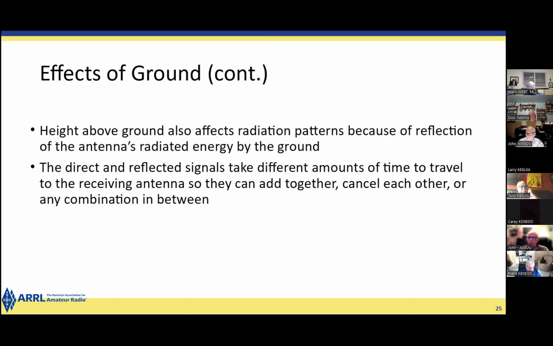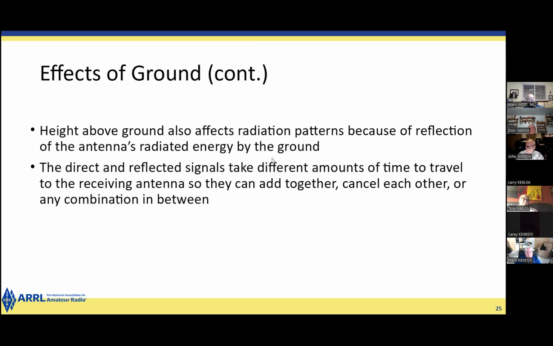It's a matter of incredibly small amounts of time, but there is a difference in the time element, and that could add to what we call fading. It becomes an issue, and you'll get into it if you go on to your extra license. You'll get into something called diversity, and they'll talk about that.